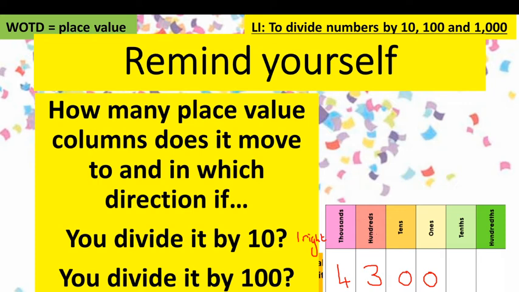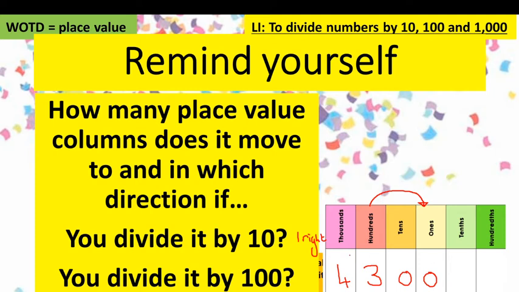If we think about it simply, first of all, if we have the number 100 and we divide it by 100, we know that's 1, because 1 times 100 is 100. So 100 divided by 100 is 1. So we're moving not 1 but 2 to the right if you're dividing by 100.